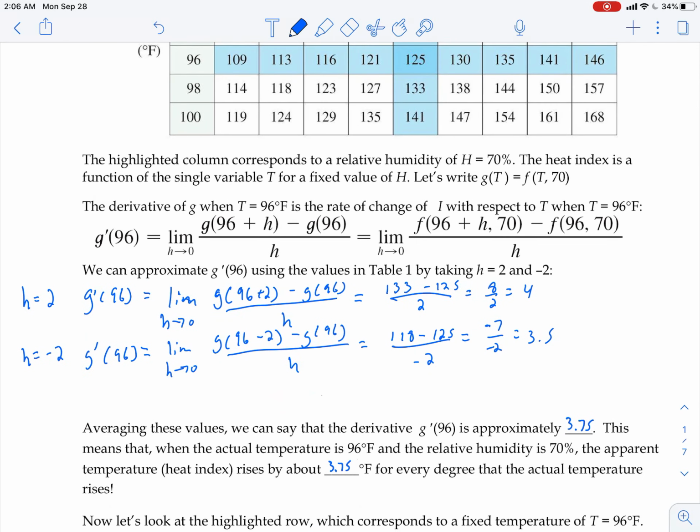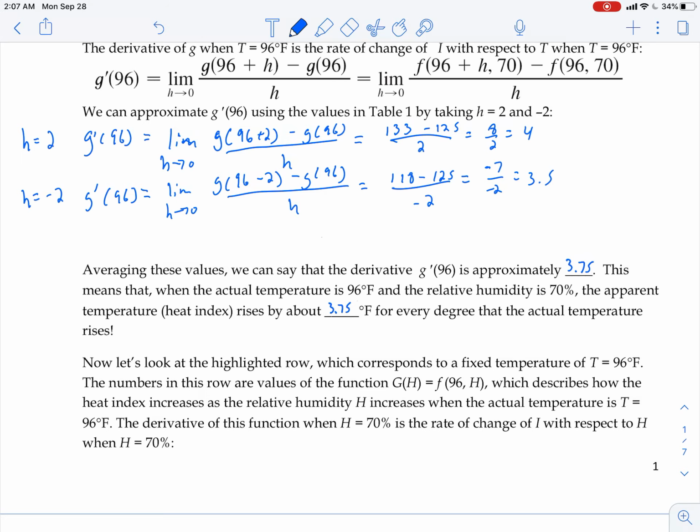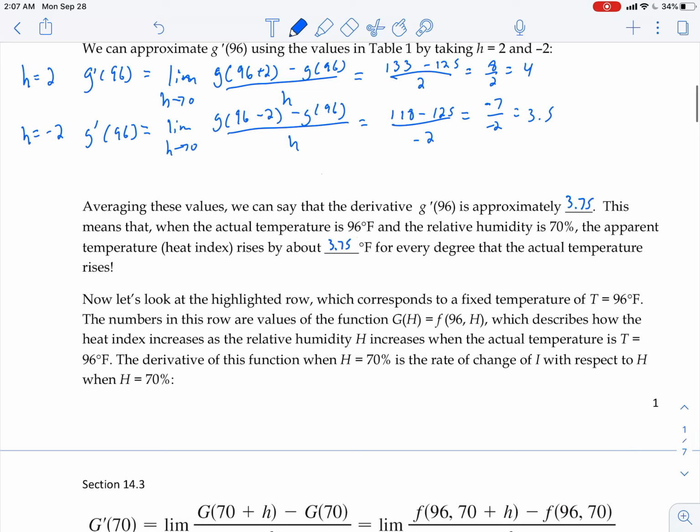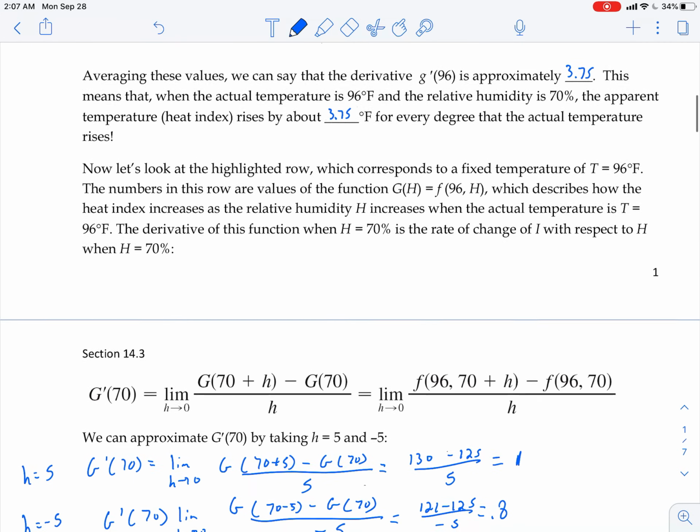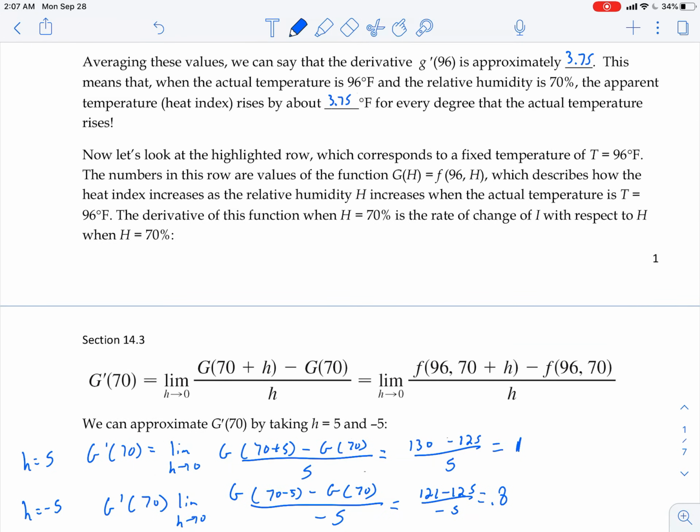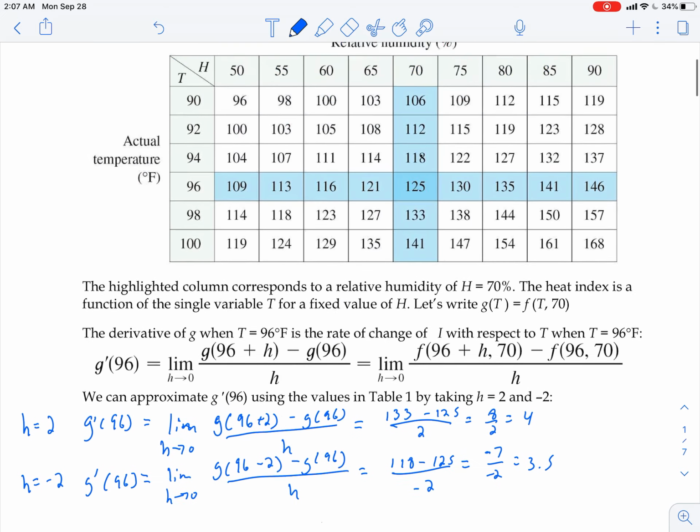The numbers in this row are values of the function G of H, which describes how the heat index increases as the relative humidity H increases when the actual temperature is 96 degrees Fahrenheit. The derivative of this function when H is equal to 70% is the rate of change of I with respect to H when H is equal to 70%.